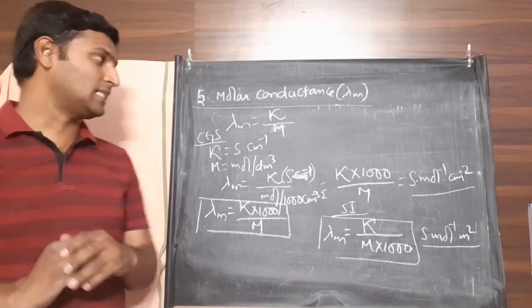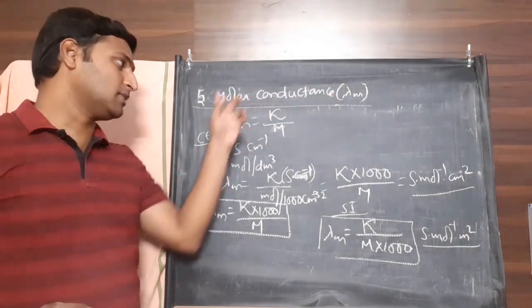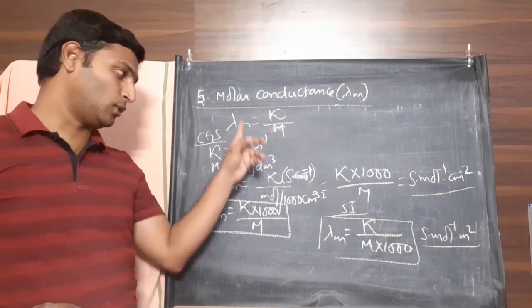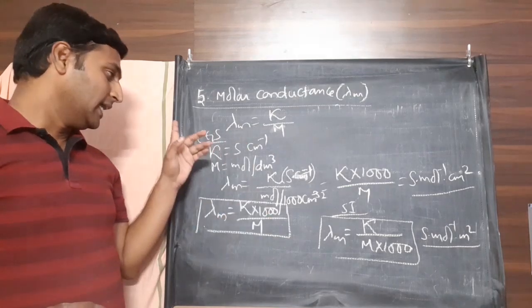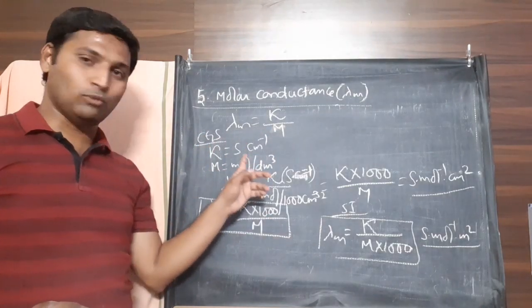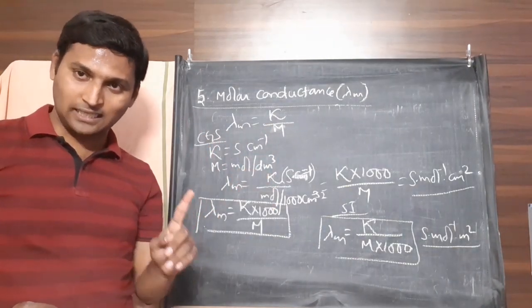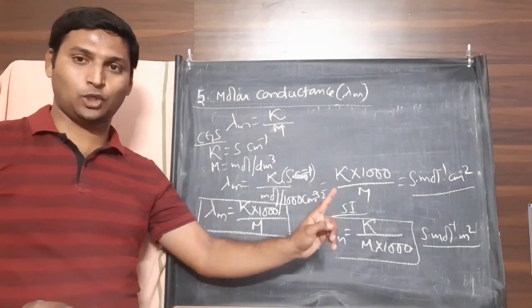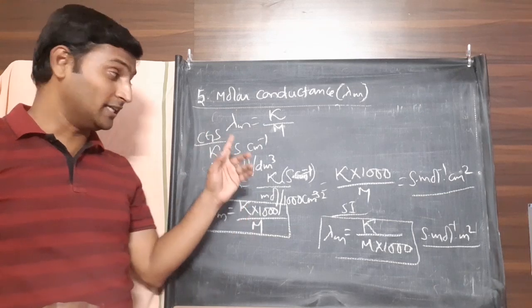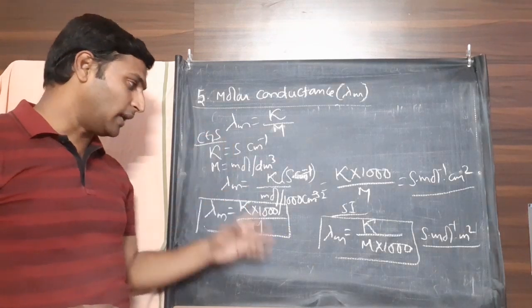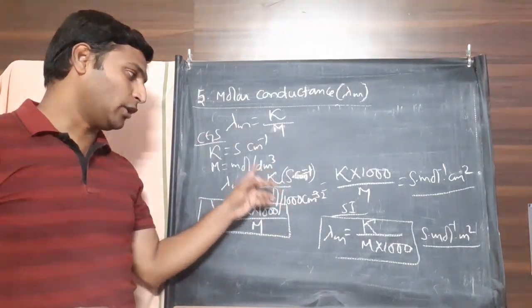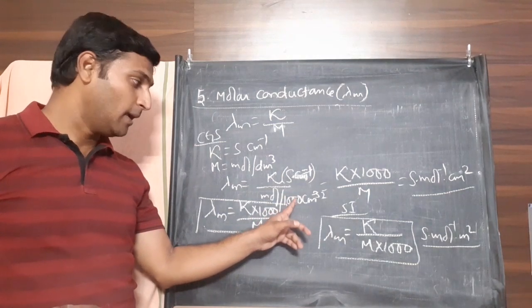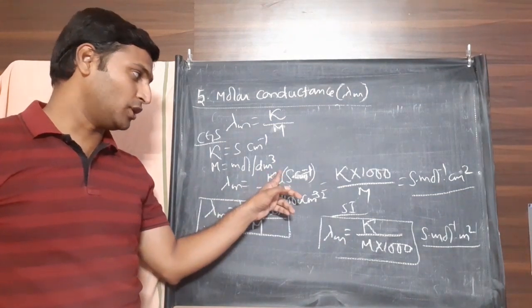So what you need to understand is molar conductance basic formula is lambda m is equal to kappa by m. You know molarity is generally given in moles per decimeter cube, that is moles per liter. You need to convert it into centimeter cube or meter cube based on the units of kappa given. That's why you know 1 decimeter cube is equal to 1000 centimeter cube. Placing it here, 1000 comes to the numerator.